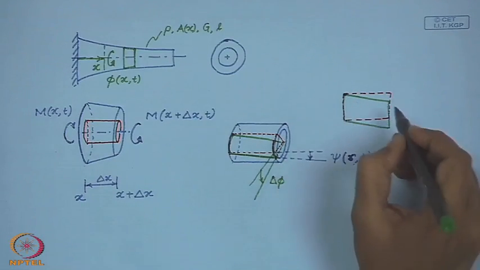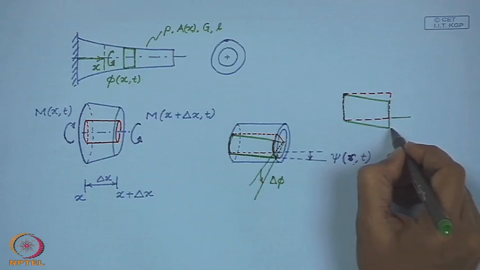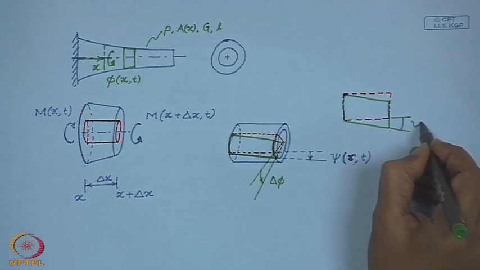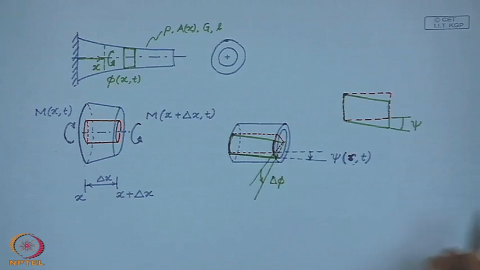This is the green element after deformation. So, this is the shear strain in this element.